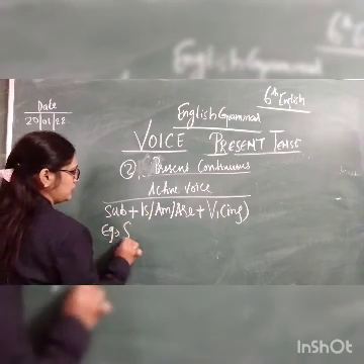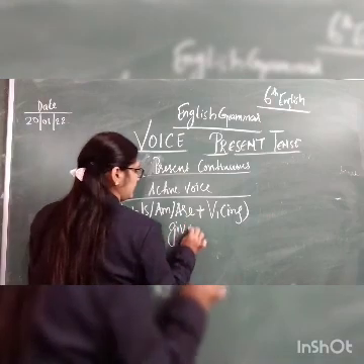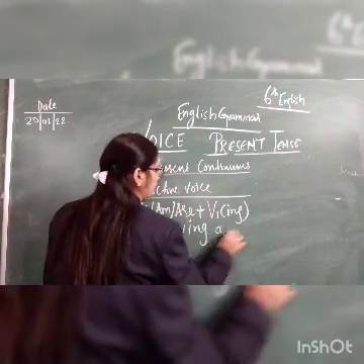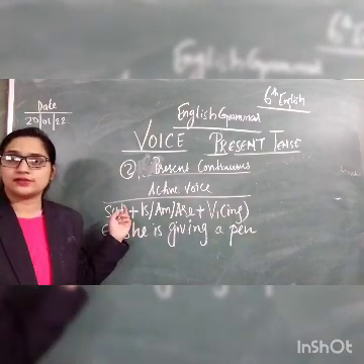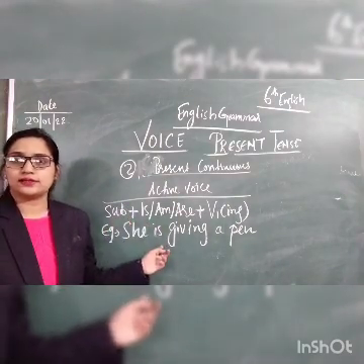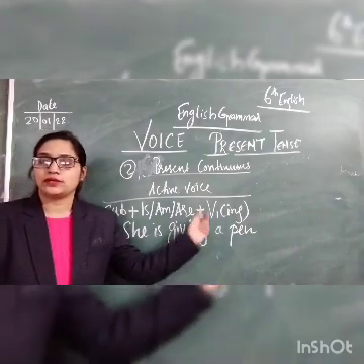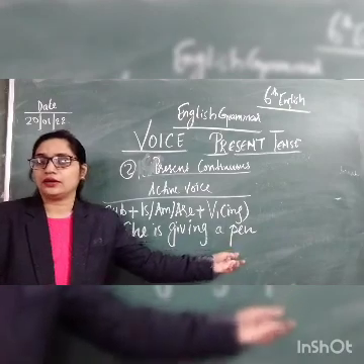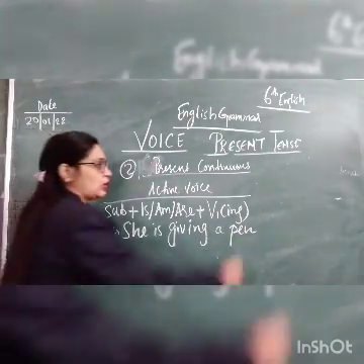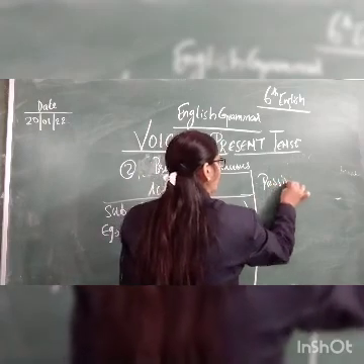Example, she is giving a pen. She is the subject, is giving. Give is verb first form with its ing form, that is giving. A pen is an object. Now we change this one into passive form.